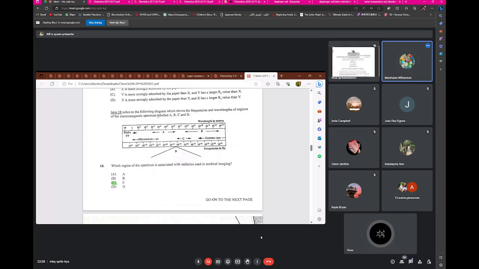So the larger wavelengths should be around IR. Then it should be around what? Think about it a bit. So I think B should be the better answer. C is more like a UV, it would be larger wavelength.